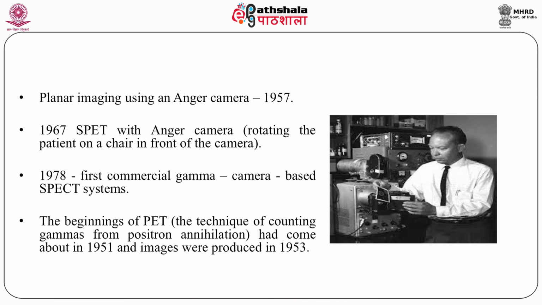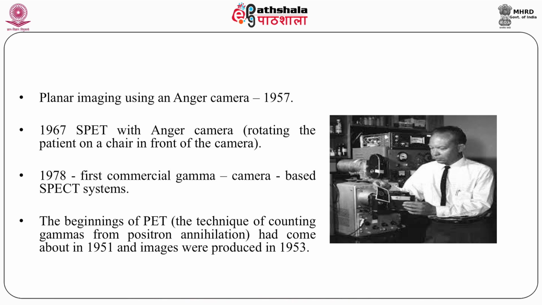What it does is, you rotate the camera around a chair where the patient is sitting, and you are able to take the scan. In 1978, the first commercial gamma camera based on the SPECT system was invented. It means we started the work in 1951, and in 1978 we were able to make the first SPECT gamma camera.